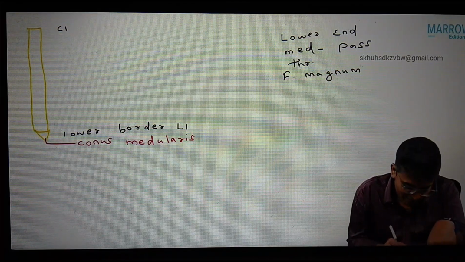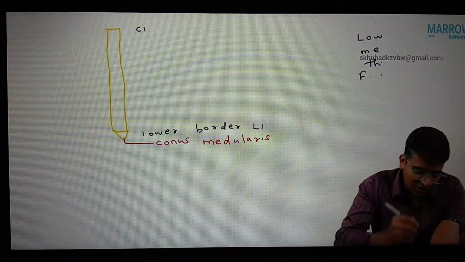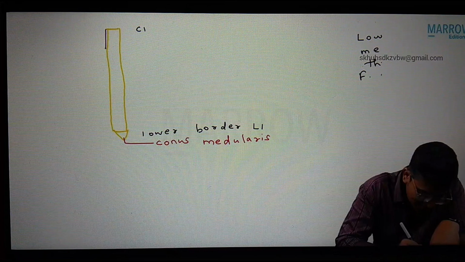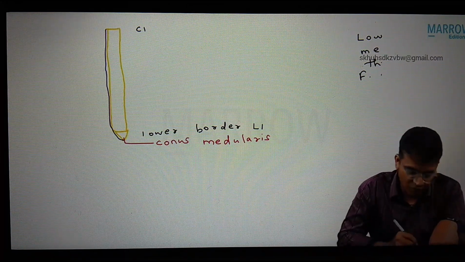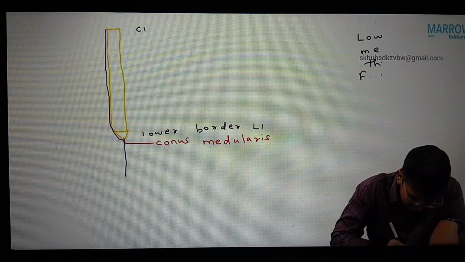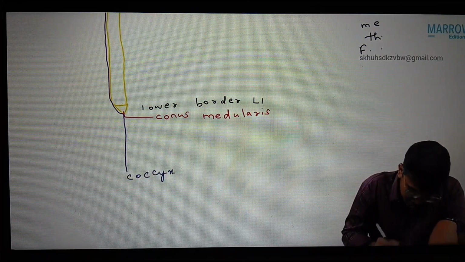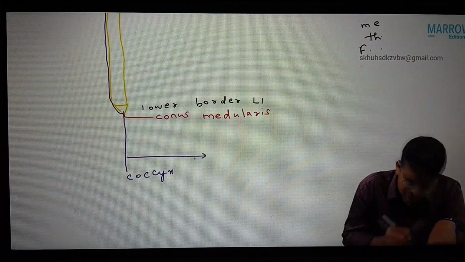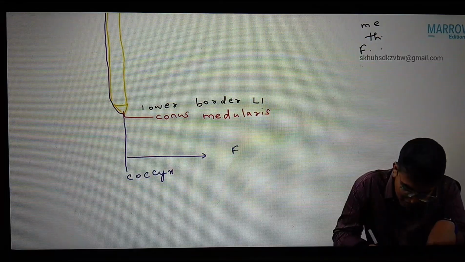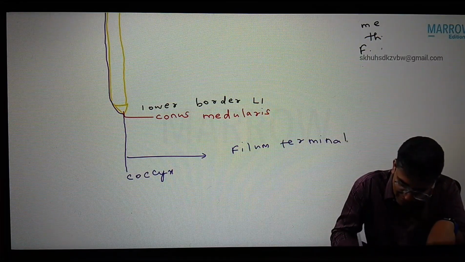Okay. Right. Now what about the pia mater? So pia mater, which extends up to L1 and from here goes up to coccyx. Now from L1 up to coccyx, this extension of pia mater is called filum terminale. Filum terminale.